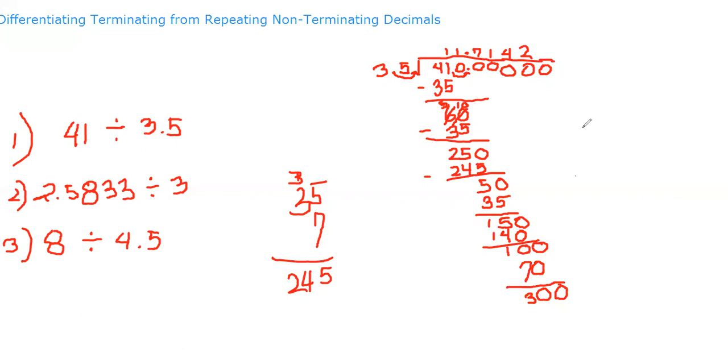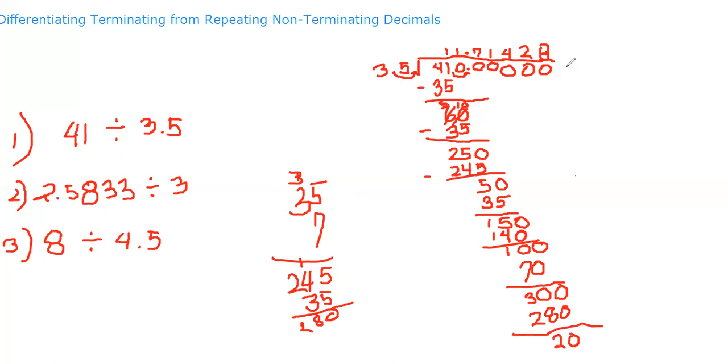Ilang 35 meron kay 300? 7, 8. Try natin sa 8. So, dagdagan natin ng 35 to. This is 280, diba? 280. So, try natin sa 8. Then, that is 280.